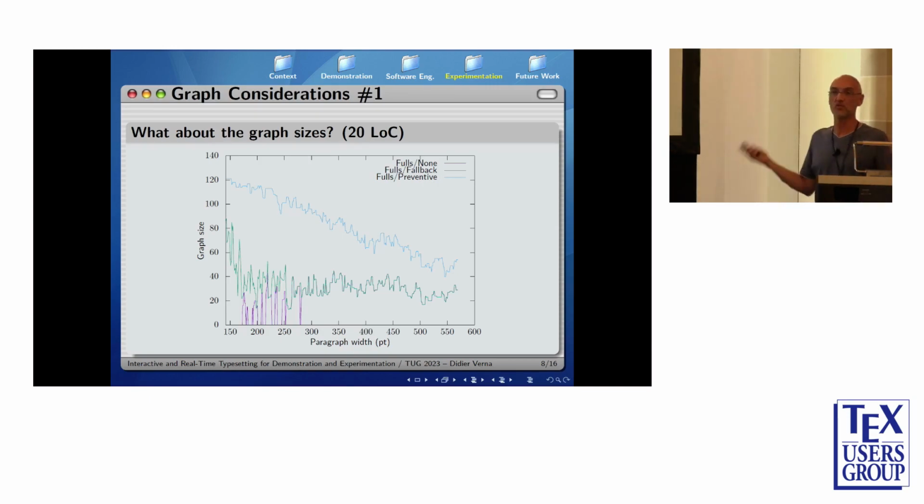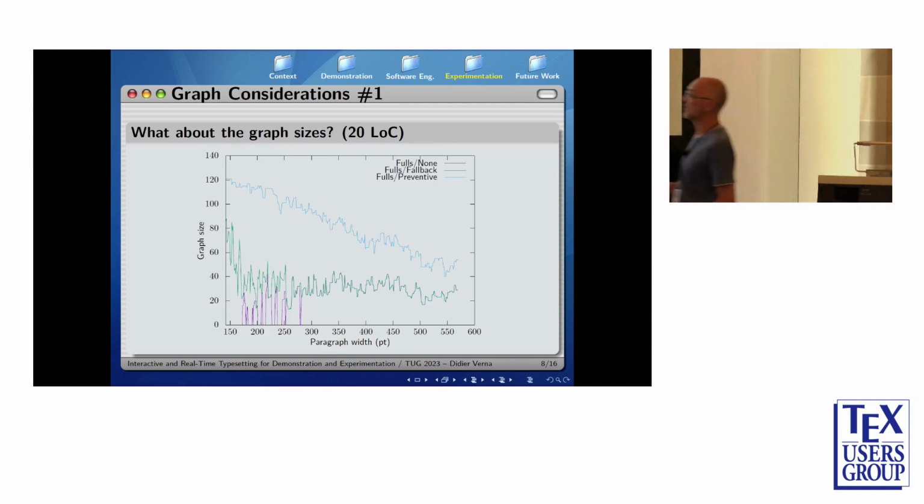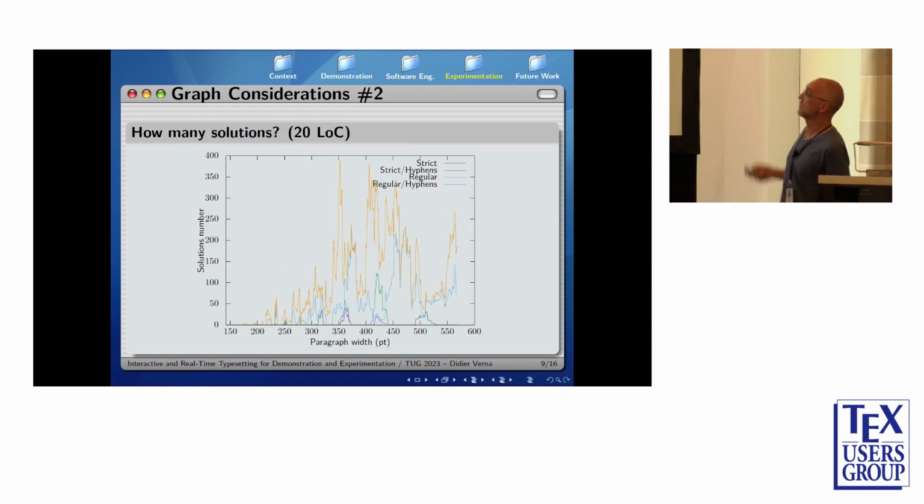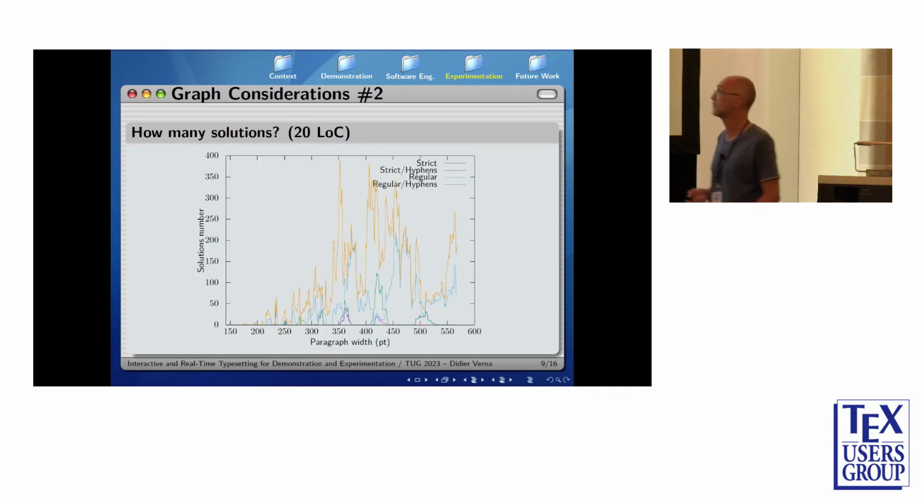Okay, so what about the graph size? In 20 lines of code, I can plot that chart, which gives you the size of every graph for every possible paragraph width. You can do whatever you want with that. What about the number of possible solutions for a specific paragraph width?